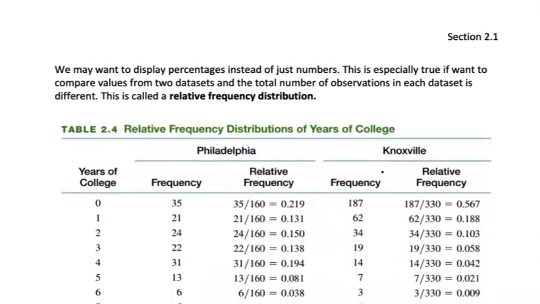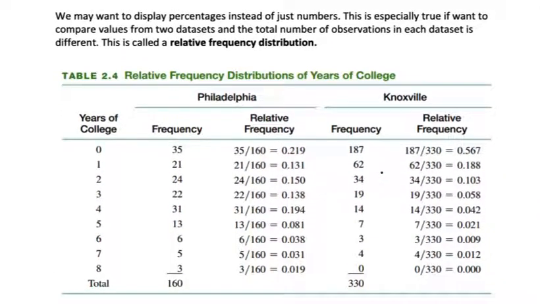So sometimes we want to use percentages instead of just numbers, and this is especially true if we want to compare from 2 different data sets and the total number of observations is different. So in this example, we were surveying the number of years of college that different people had in 2 cities, Philadelphia and Knoxville. 160 people were asked in Philadelphia, 330 people were asked in Knoxville, so over twice as many.